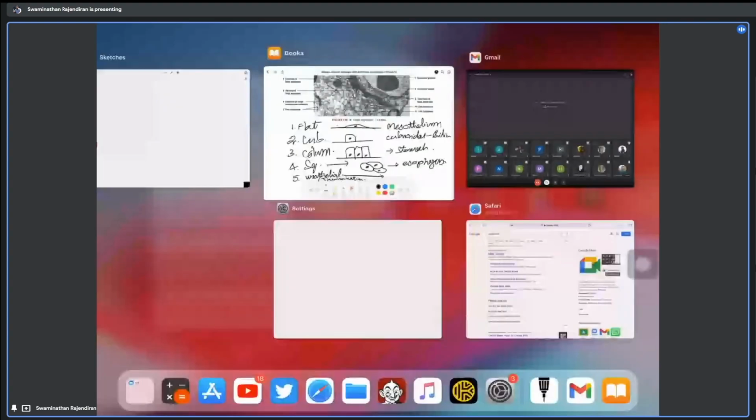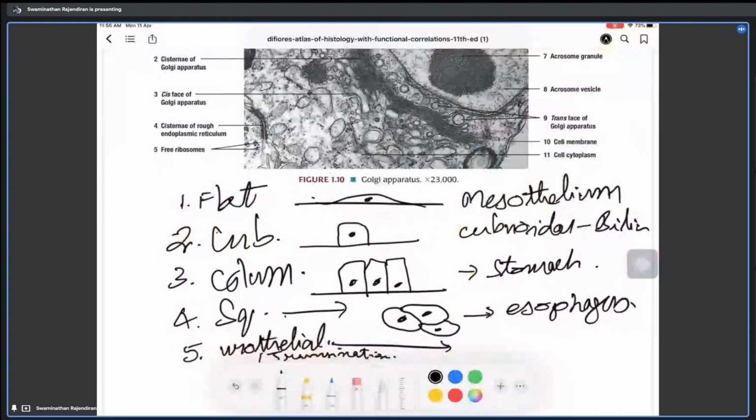So these are all the flat, cuboidal, columnar, squamous, urothelium. Now we will come to the criteria. When the height and the width are 1:1, then it is cuboidal. When the height is more than twice the width, 2:1 or more, then it is columnar. That's how you have to apply the criteria.